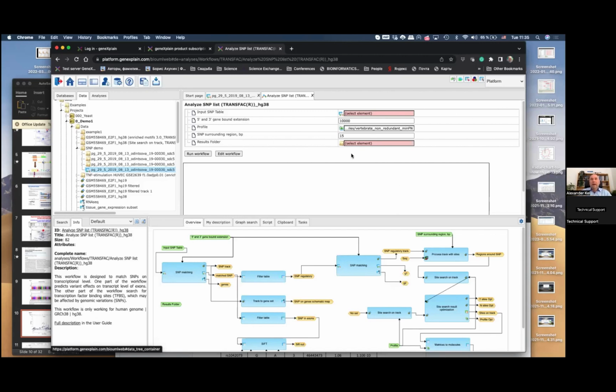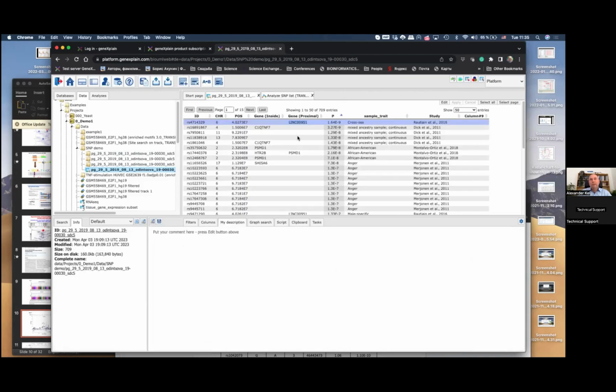So when the pipeline is ready, you just take your list of SNPs and drag and drop it here. Just a few more words about the table itself. For the pipeline to work, the only thing you need is the first column, just a list of SNPs. All other columns are for you to have, in your hands to do some filtering maybe.